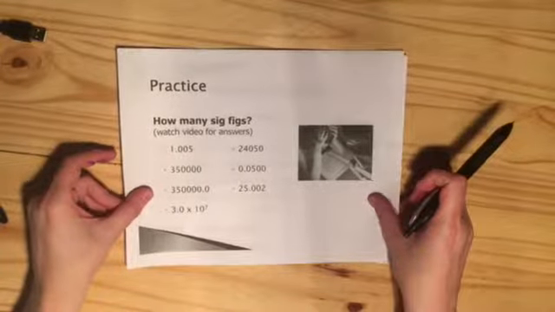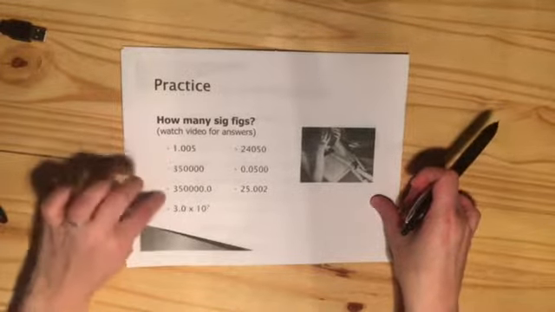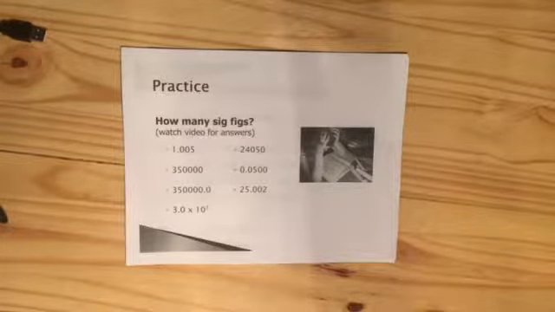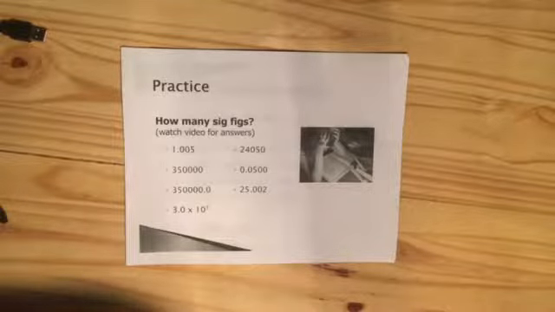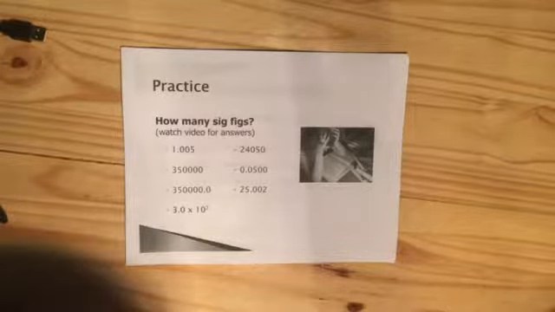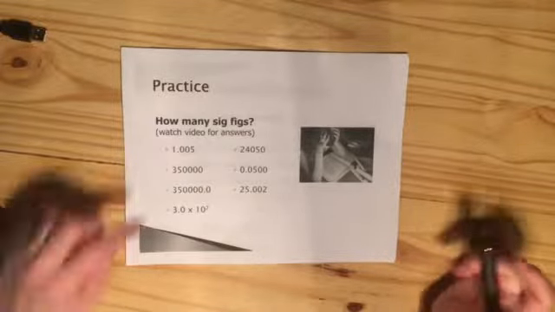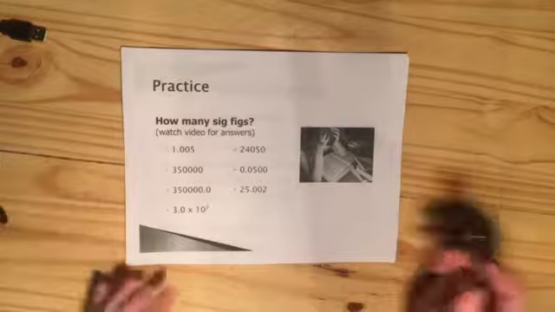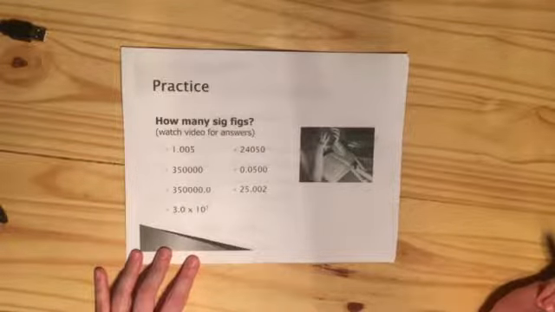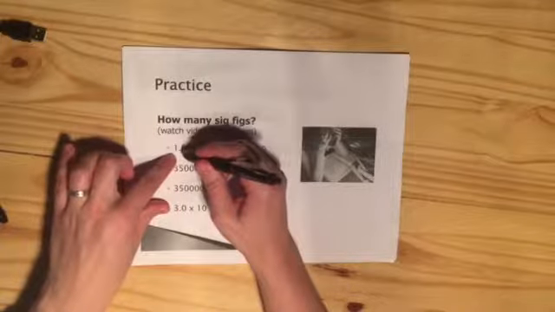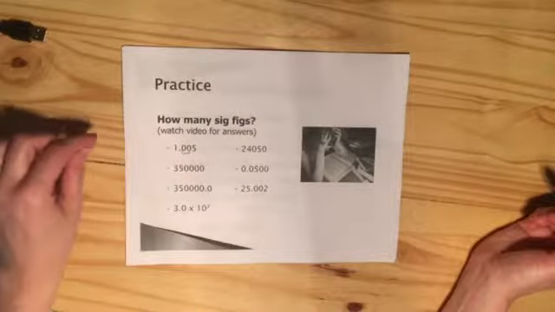So for practice, this is what you want to fill in on your notes. Here we want to figure out how many significant figures we have. Here we have 1.005. These are captive zeros.